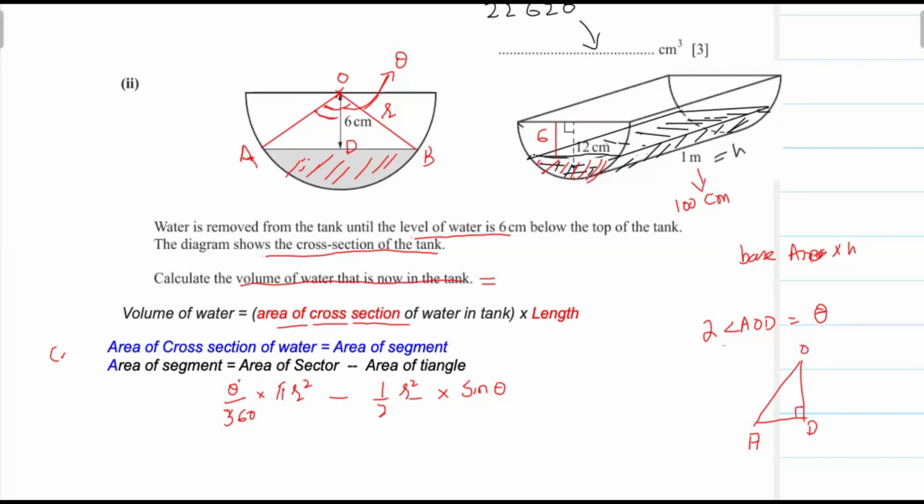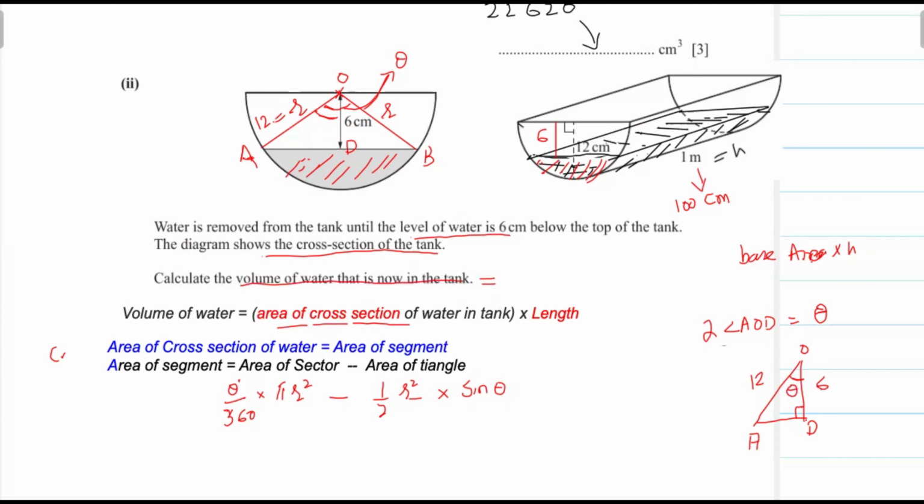In this right angle triangle, OA and OB are the radius, that is 12 centimeter. Therefore, we write 12 here, and this is 12. And the length of OD is 6. And this is the angle we have to calculate.